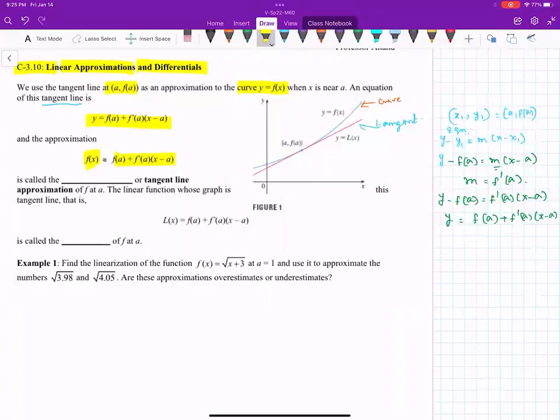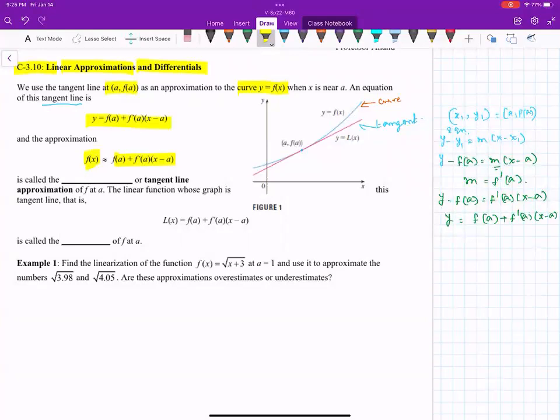So instead of taking the functional values on the curve, you take the values on the tangent line, because the tangent line being linear, it is easy to get the values on it. But it only works when x is very close to a, which means the x values for which you want to find f(x) should be such that x is close to a.